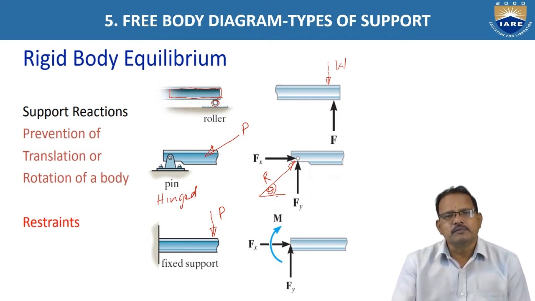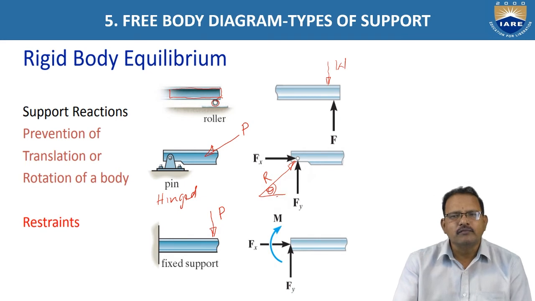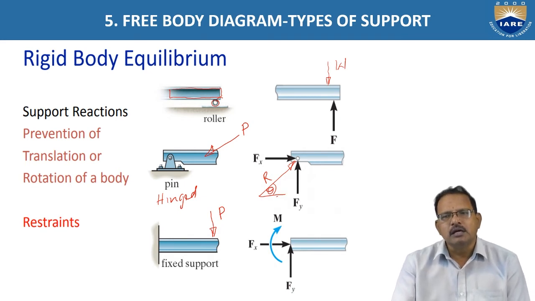And third, fixed support: three types of reactions are developed. That is two types of forces, one along the x direction and one along the y direction. The third one is the moment created by the forces, which is also developed at fixed ends. Hence, at a fixed end, there are three types of reactions: Fx, Fy, as well as the moment created by the force which is acting on the body.